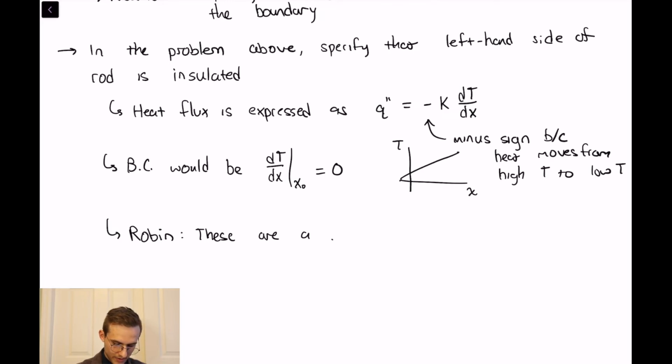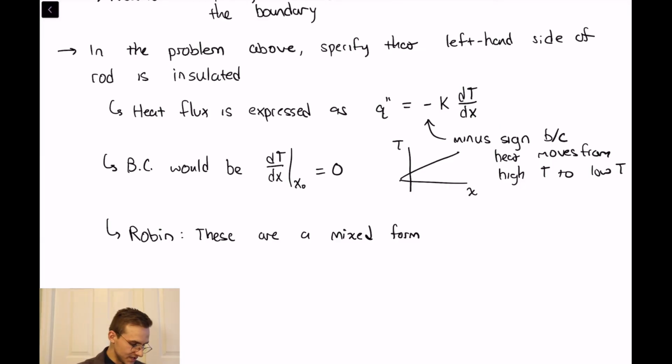Now, you might hear the term mixed boundary conditions, and it might not necessarily be a Robin boundary condition. It might just be talking about a problem where one boundary has a certain type of boundary condition and the other boundary has a different type. One could have Dirichlet, one could have Neumann, but that doesn't mean the problem is a Robin problem.